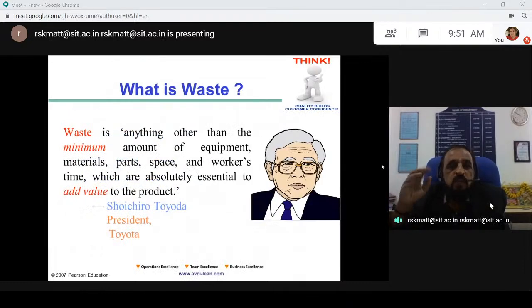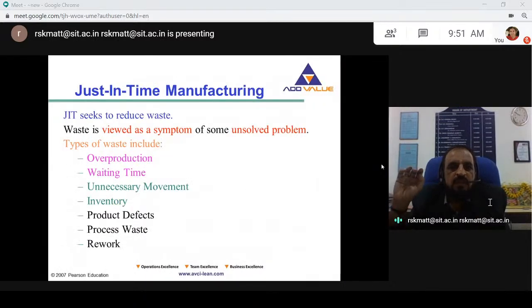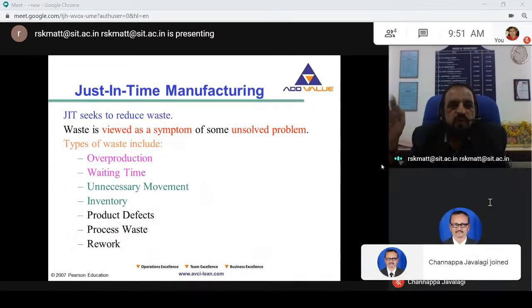Okay, what is waste then? Waste is anything other than the minimum amount of equipment, materials, parts, space, workers' time, which are absolutely essential to add value to the product. This was said by the president of Toyota. And just in time seeks to reduce the waste.